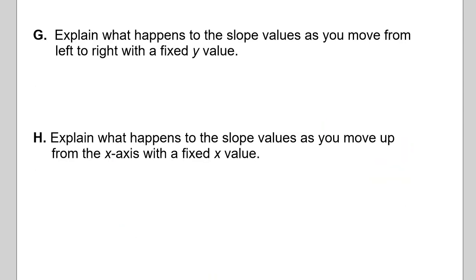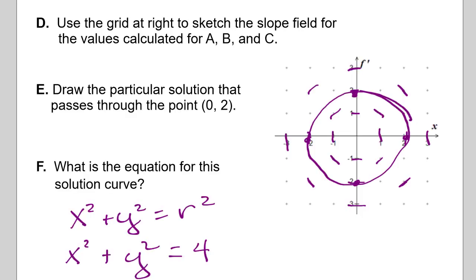All right, so what can we learn from the slope field? It says explain what happens to the slope values as you move from left to right with a fixed y value. So let's go back and look at our slope field.